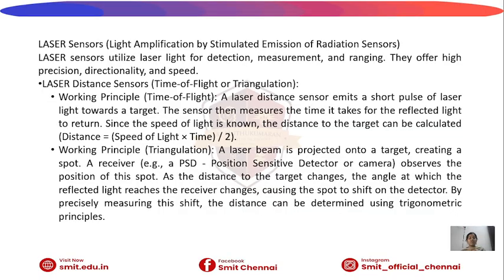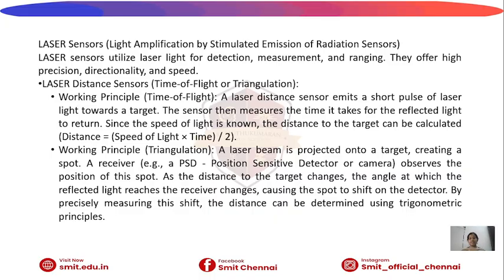Next one is the working principle of triangulation. A laser beam is projected onto a target, that is, the light beam is projected onto the target, creating a spot. It does not return, it does not reflect, it creates a spot, okay. The receiver observes the position of the spot, then it measures the distance from the spot.